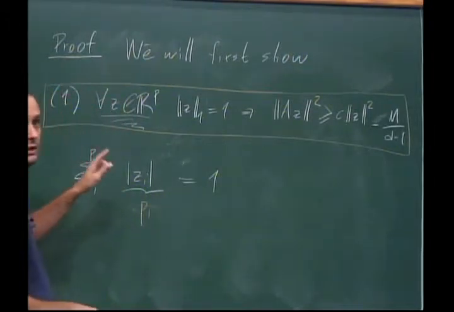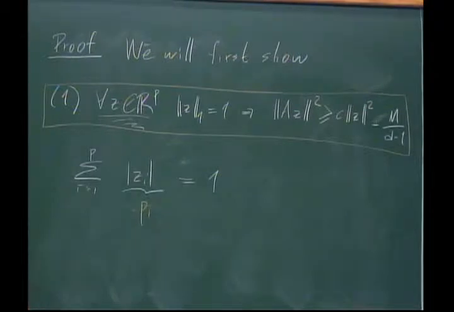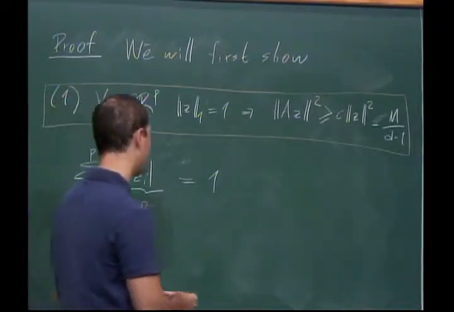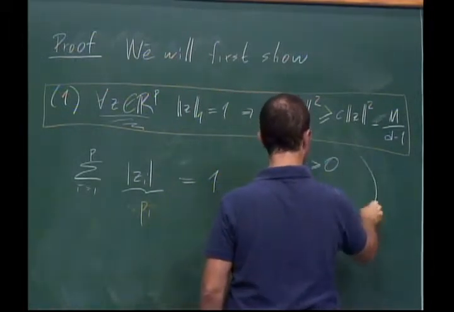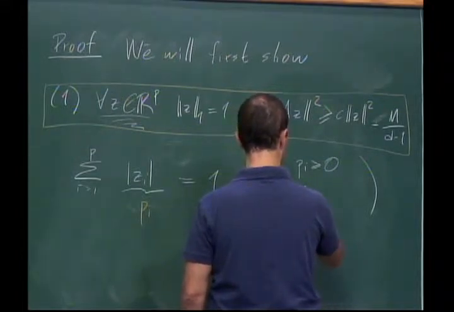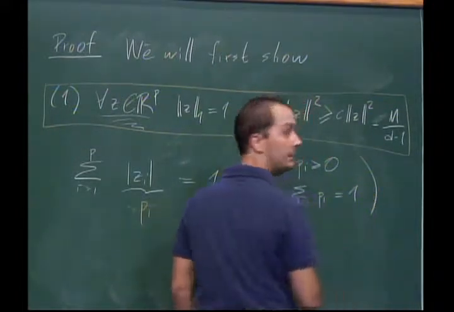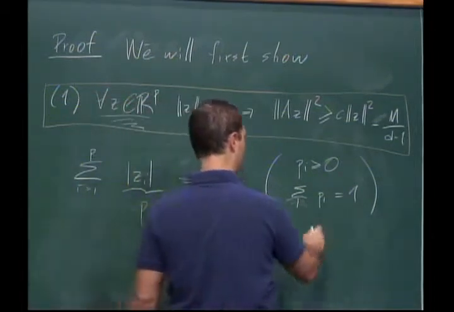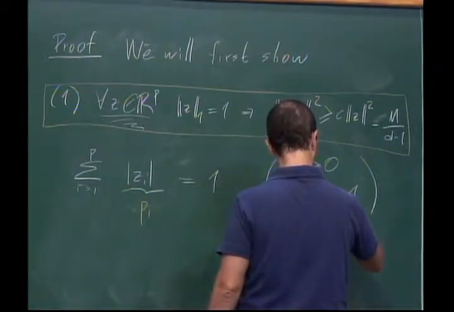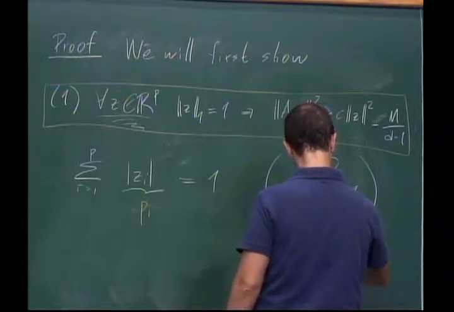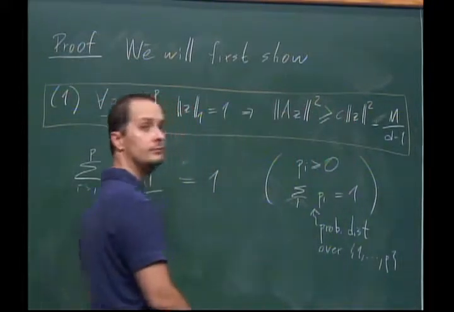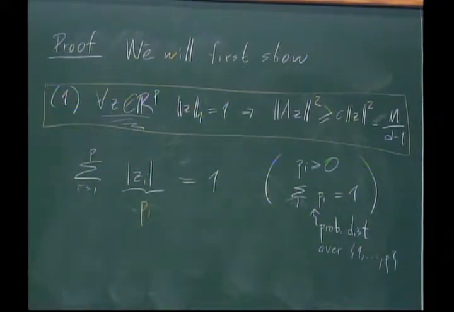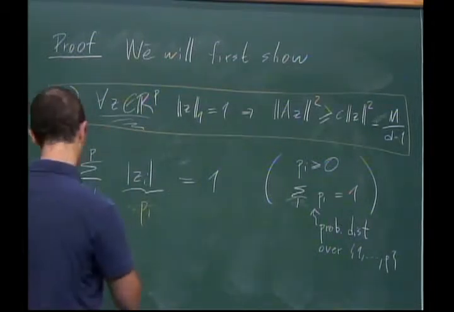It's a bit confusing because there's another P here, but p_i is different from P. I want to keep it the same as in the notes. So the numbers p_i are greater than or equal to 0, and their sum is 1, so you can think of them as a probability distribution over the numbers from 1 to p. If you have non-negative numbers whose sum is 1, they form a probability distribution. No big deal about this.